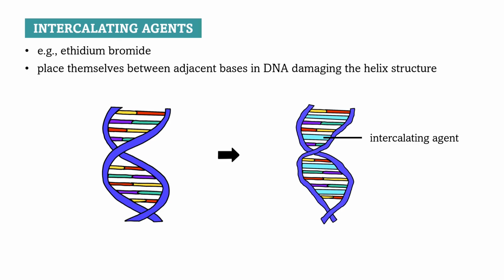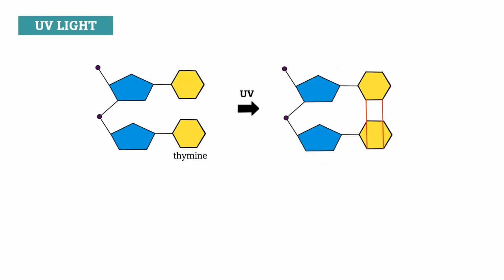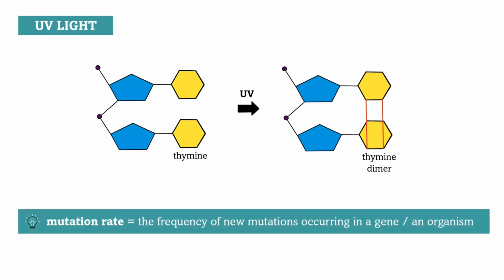Also, UV light can be quite damaging as it is absorbed by pyrimidine bases and it causes the formation of chemical bonds between adjacent pyrimidine molecules, creating pyrimidine dimers, usually thymine dimers, that often block replication. Finally, we should mention that the frequency of new mutations occurring in a gene or in the organism is called the mutation rate. And any agent in the environment that causes mutations is called a mutagen.